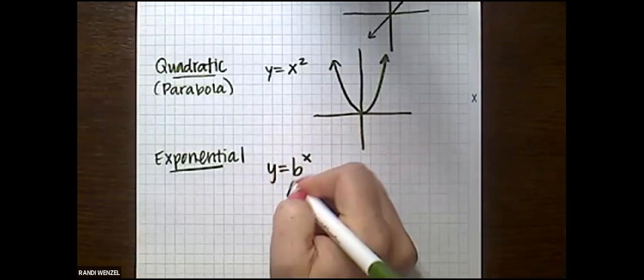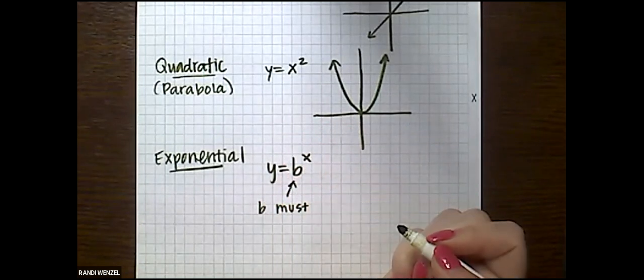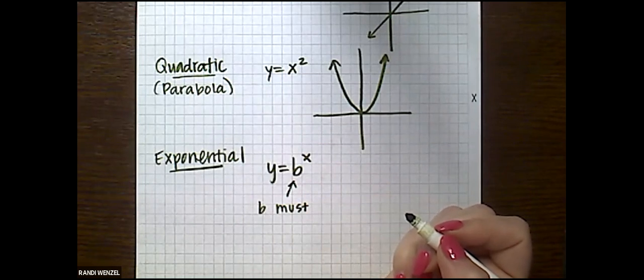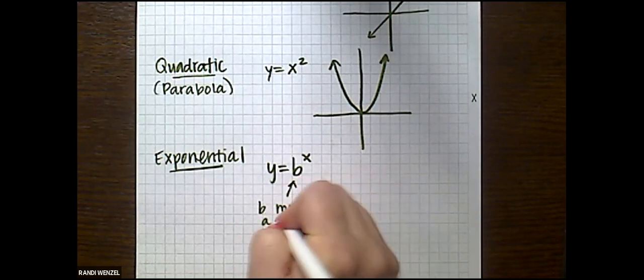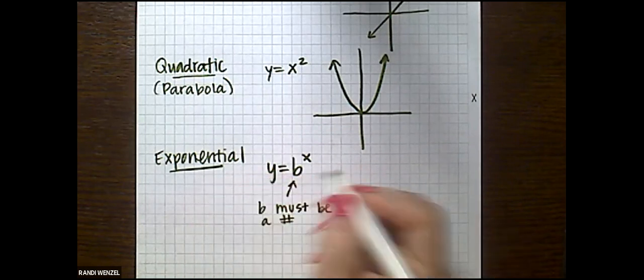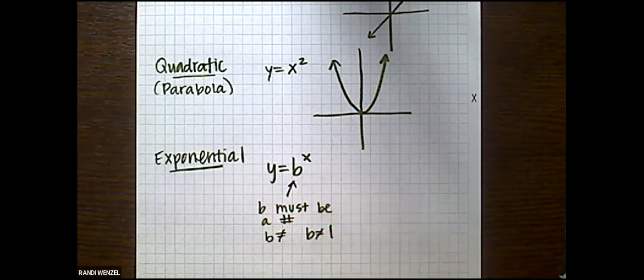B always has to be a number greater than 1, or less than 1 and greater than 0. B cannot equal 0, and B cannot equal 1. And B is positive, I should add that.